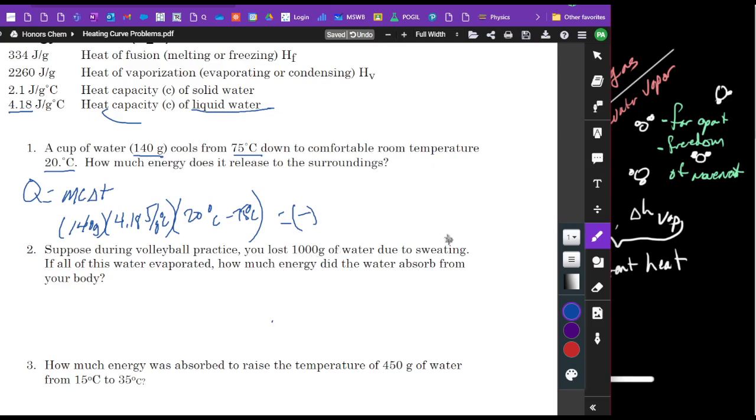So if we lose 100 grams of water due to sweating, and it all evaporates, how much energy did the water absorb from your body? What I will tell you is when water excretes from your body, what temperature is it at? In Celsius.